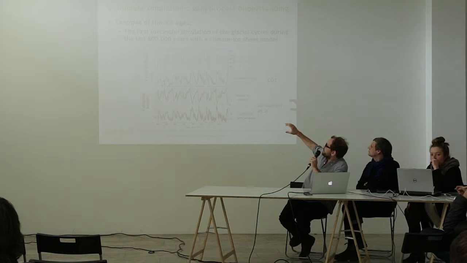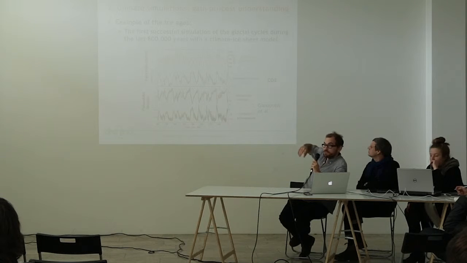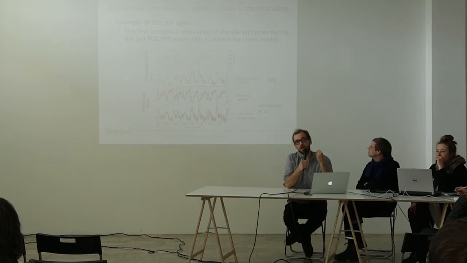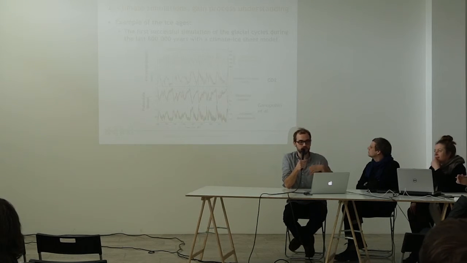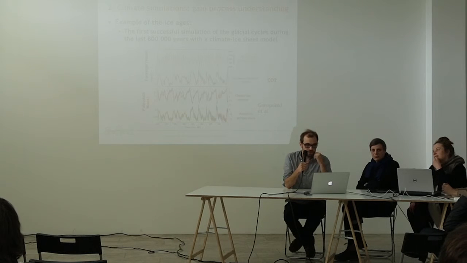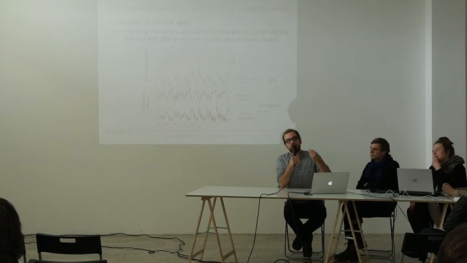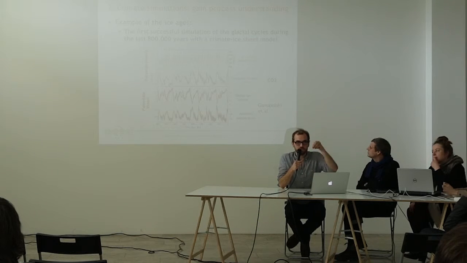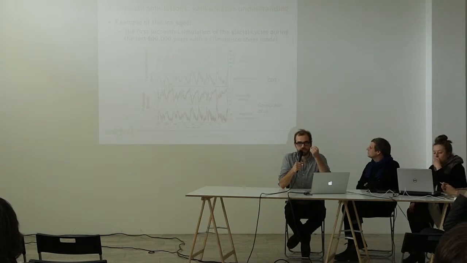So this model was just fed with this maximum summer insolation that you can reconstruct from orbital calculation, and as the second parameter, measured CO2 in ice, because you can measure in ice how many gas bubbles were there, how much CO2 was present at different times.